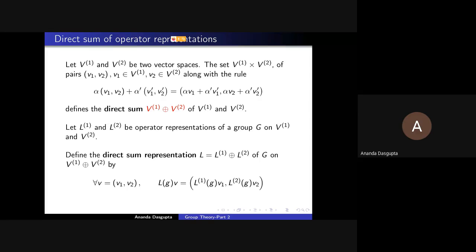And you should be able to figure out very easily that if you have a direct sum vector space and you choose a basis, what possible choice of basis can you make?